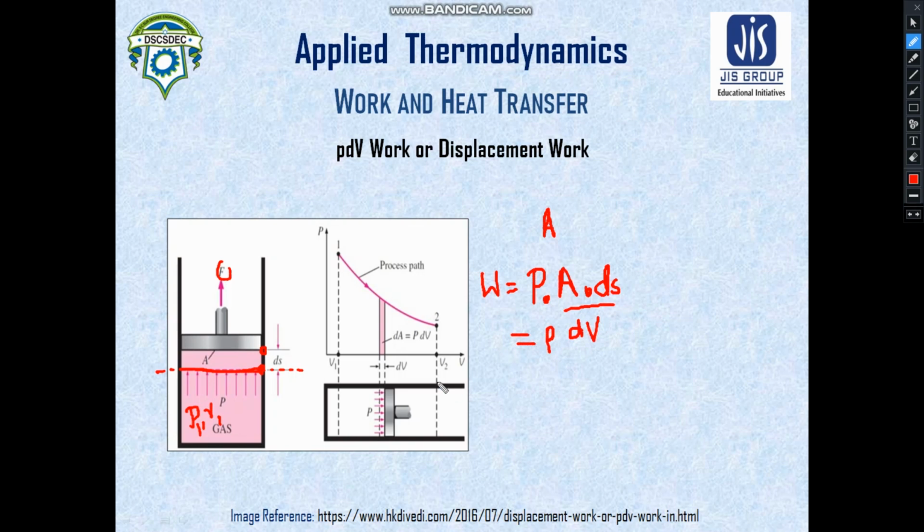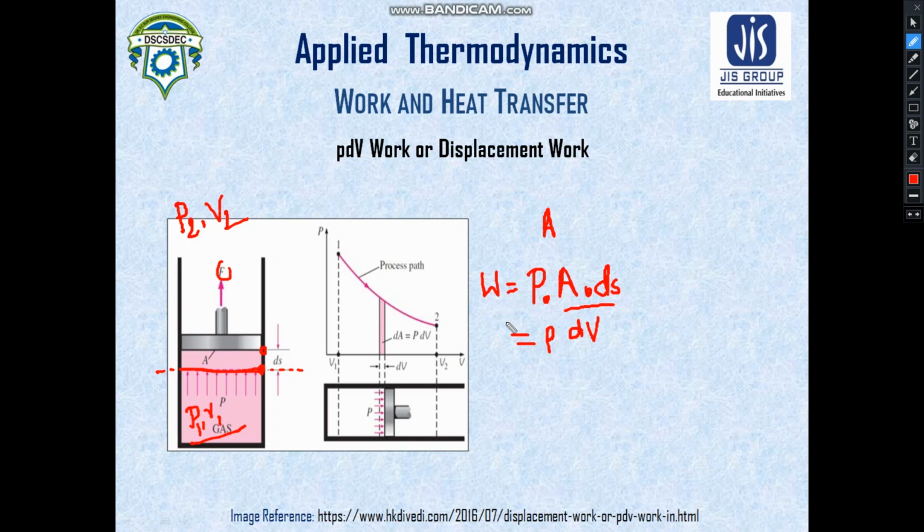So this PdV comes from here. This interpretation of PdV is for an intermediate state only. The initial state was P1 V1, and the final state becomes P2 V2, and in between these two thermodynamic states we have taken a certain state where the pressure was P and the displacement of the closed system boundary was by ds amount.